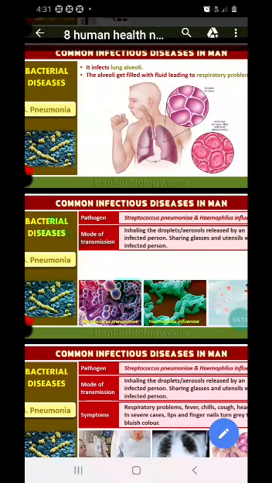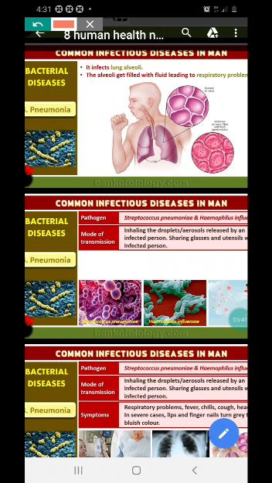The next disease is pneumonia. Pneumonia is also caused by bacteria. The name of the bacterium is Streptococcus pneumoniae, and it is also caused by Haemophilus influenzae. So, who is the causative organism, children? Who is the pathogen? Streptococcus pneumoniae, and also Haemophilus influenzae.